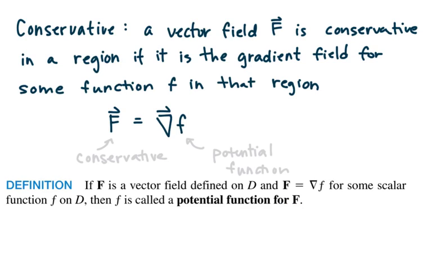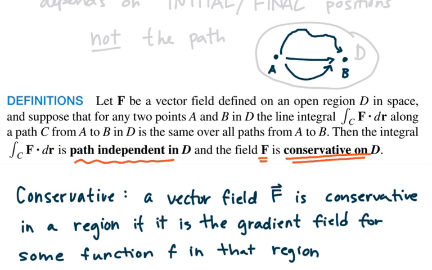So we've got some different words we've talked about: potential function, conservative, and path independence. And just refreshing, path independence says that if I can find the line integral over any of these paths and they're all the same, from an initial A to a terminal B, we say that integral is path independent.